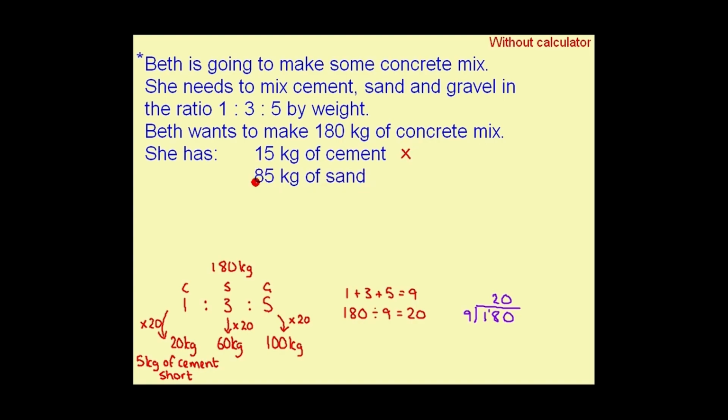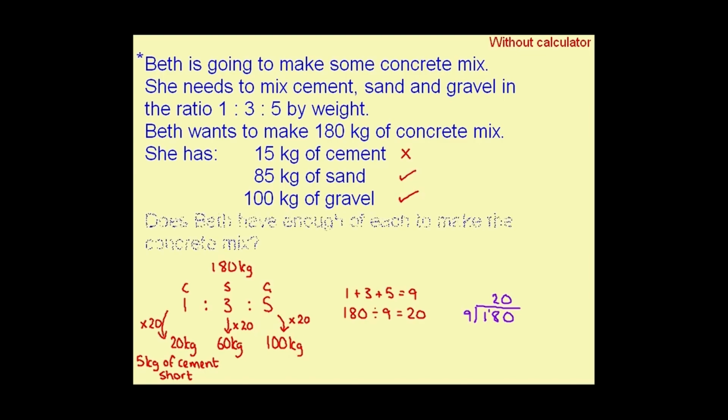She's got 85 kilograms of sand and she needs 60 kilograms of sand, so she's definitely got enough sand. And she has 100 kilograms of gravel, and she needs 100 kilograms of gravel, so she's got exactly the right amount of gravel. Finally, the question asks me, does she have enough of each to make the concrete mix? And the answer is no, she doesn't have enough cement.